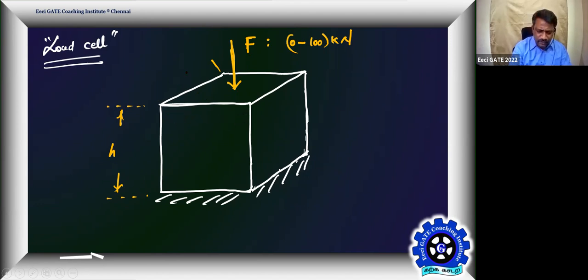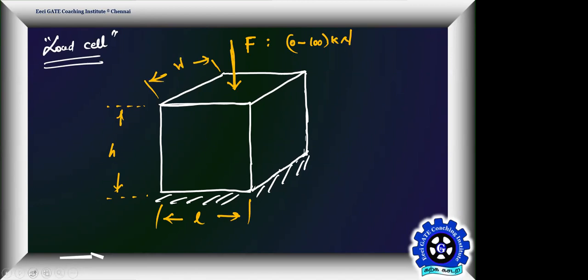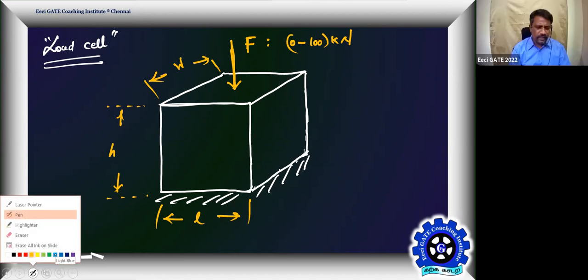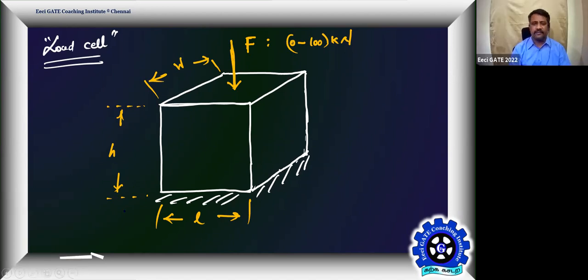So let me draw the L here so that it won't disturb the strains, which I'm going to mention there. This is my L and this is my width. Hope it is clear. Priya, following right? Yes, sir. Now tell me, where is your longitudinal strain? On any surface.